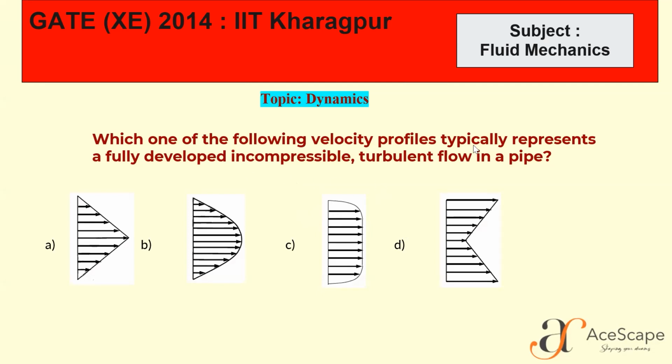Here it is asking which of the following velocity profiles typically represents a fully developed incompressible turbulent flow in a pipe. We know that for laminar flow the velocity profile is parabolic, and for turbulent it is logarithmic.